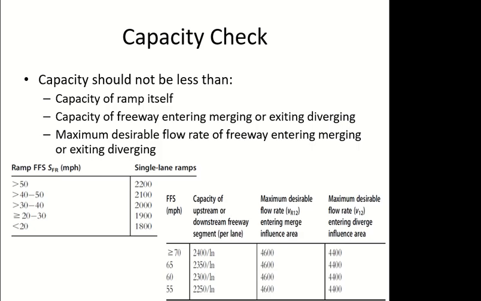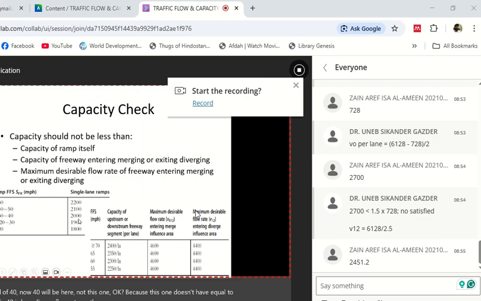Okay, so now we'll move on to the capacity checks. The flow rate on the ramp should be less than its capacity. My ramp has a speed of 40. Now 40 will be here, not this one, because this one doesn't have an equal to sign. So my flow rate on the ramp should be less than 2000.